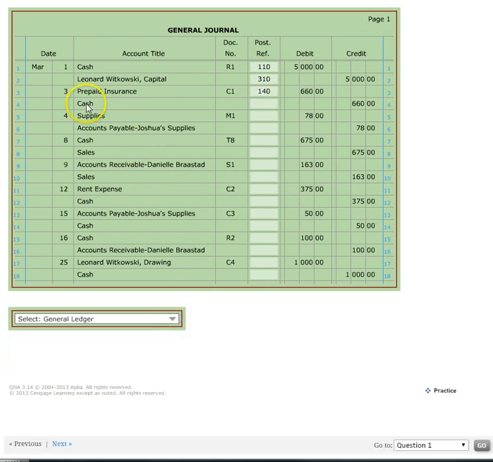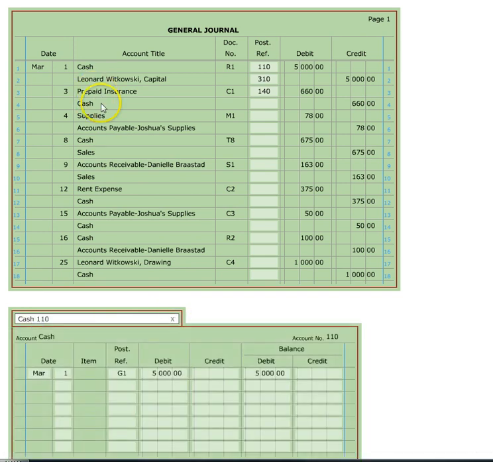Okay, cash. I go to cash, and let's see, this is going to be on March the 3rd, General Journal, page 1. This time it is a credit of $660. Now I still have a balance.